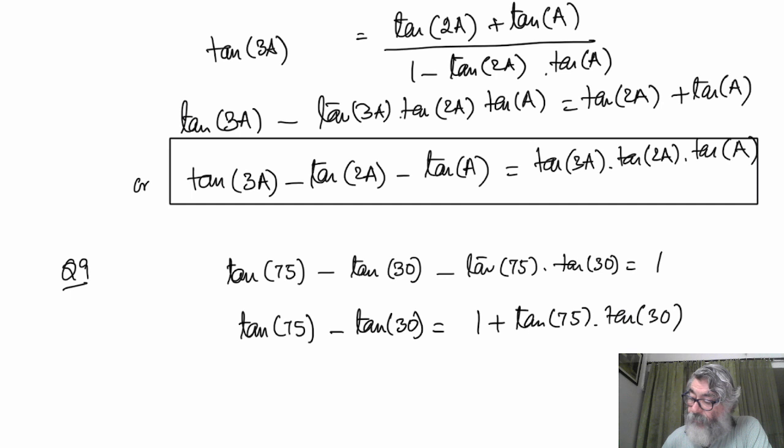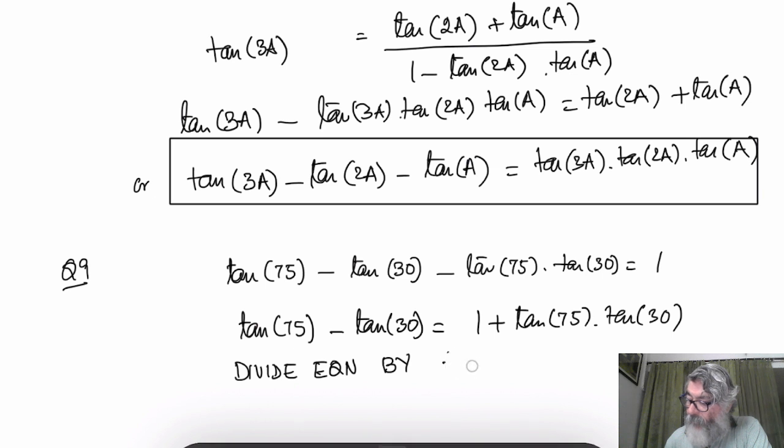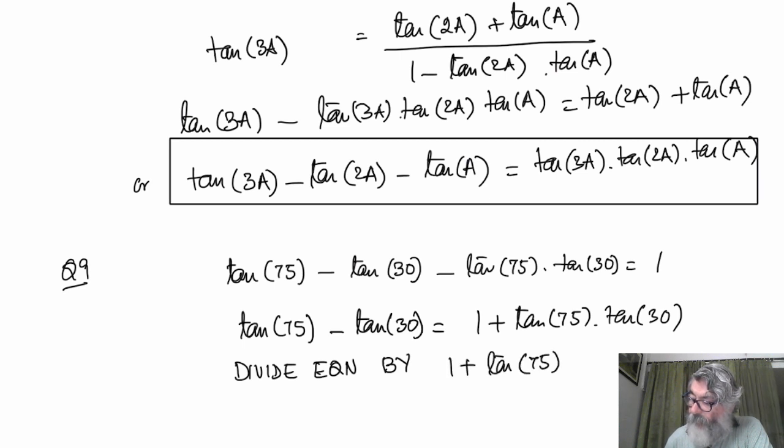Now what I can do is I can divide the whole equation by 1 plus tan 75 tan 30.